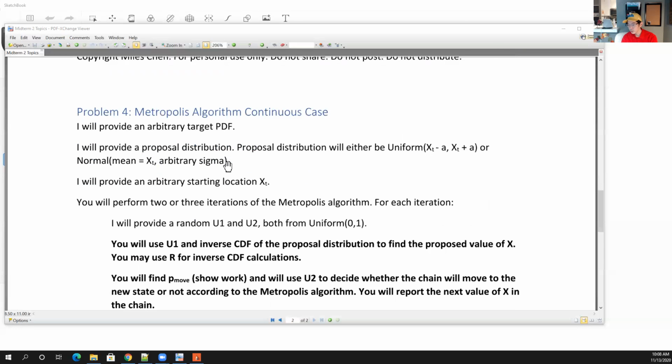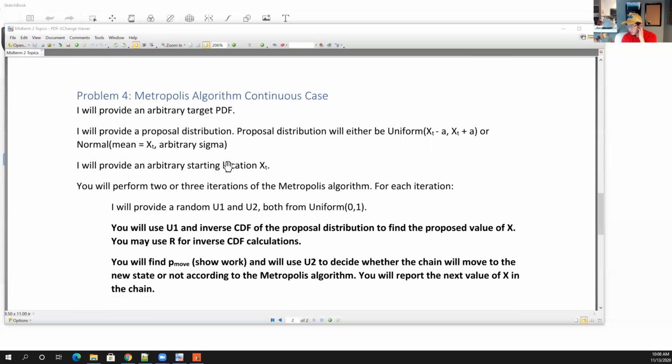Okay, and then the last one is the Metropolis algorithm, but the continuous case. And for this one, I'm going to provide a continuous arbitrary target PDF distribution. Okay, PDF. So I'll provide that function. And then I'll provide a proposal distribution.